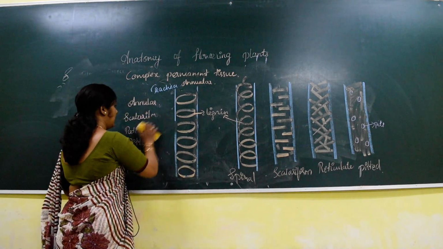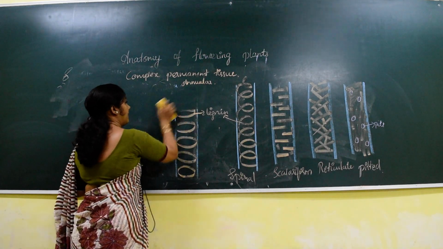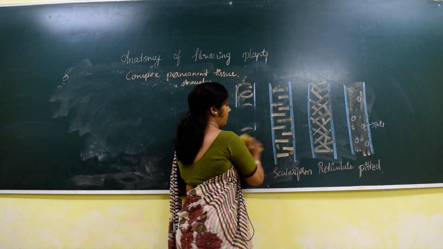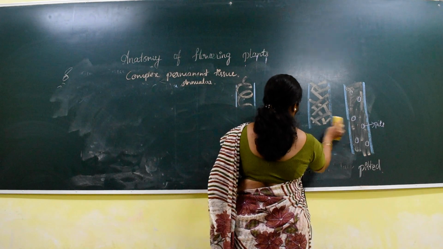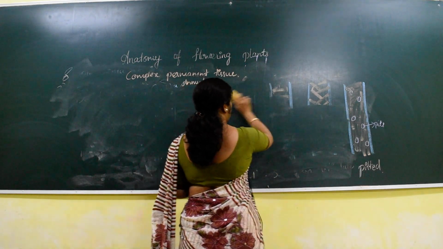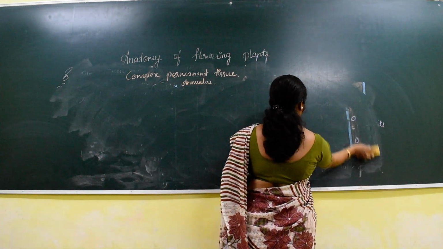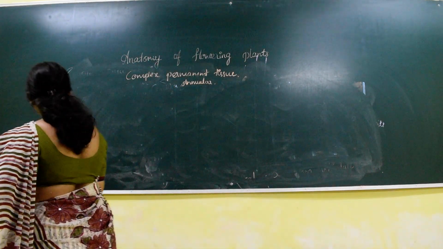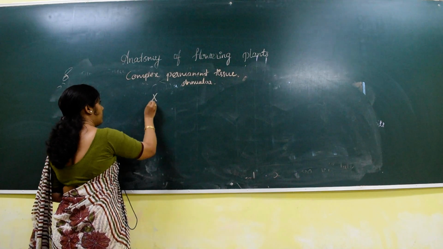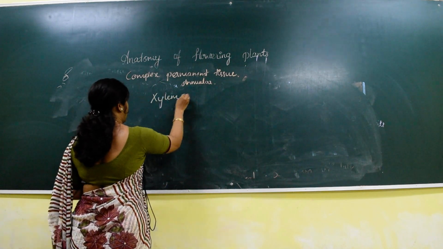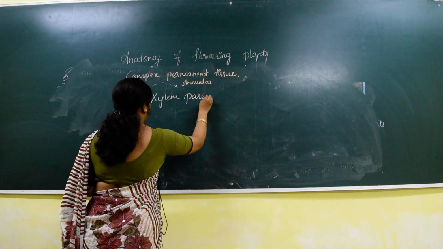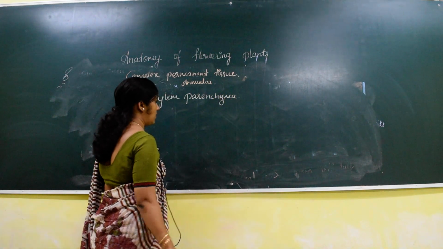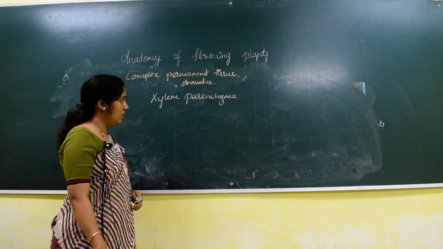Now next we will move on to xylem parenchyma. Xylem parenchyma is another type of component associated with the xylem tissue. It is closely associated with the tracheary elements.